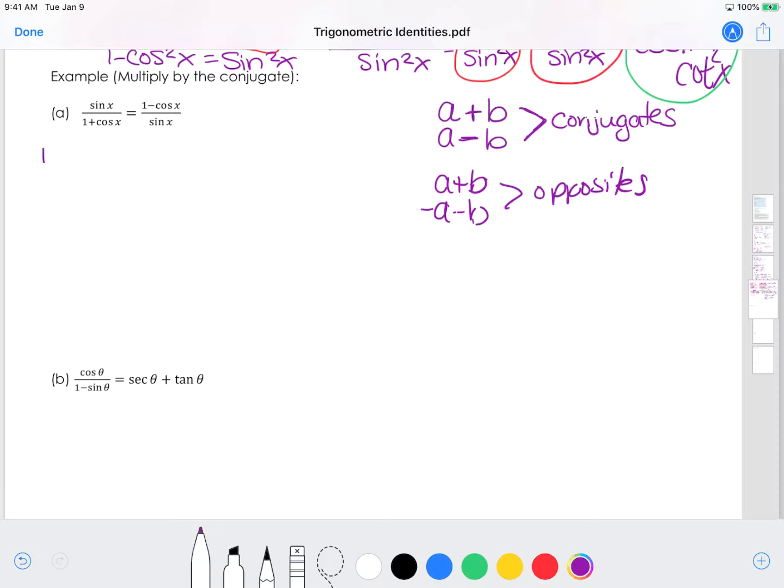I'm going to multiply both the top and the bottom of that fraction by the conjugate of 1 plus cosine x. As long as you do it to the top and the bottom, you can do that. And I want to show that this is equal to 1 minus cosine x all over sine x. So I'm just going to copy that down.